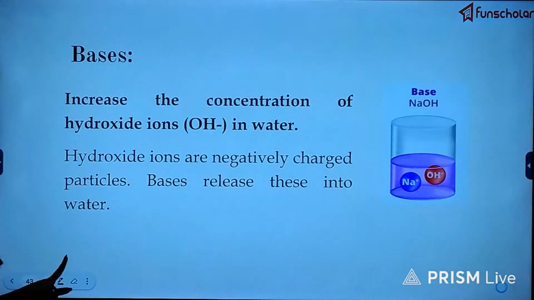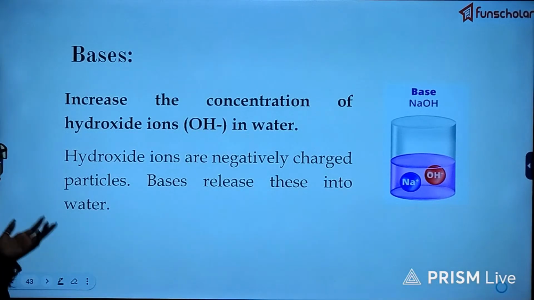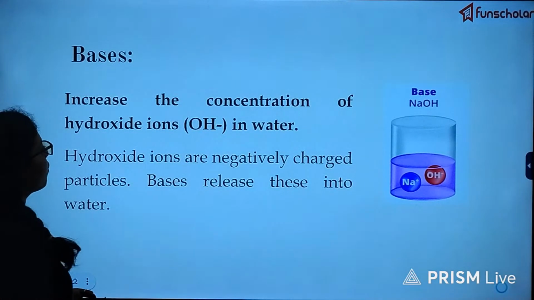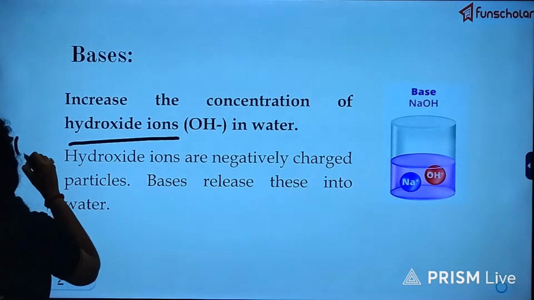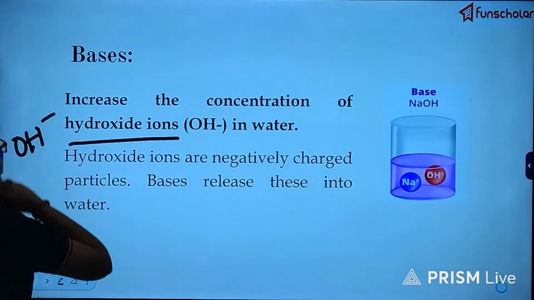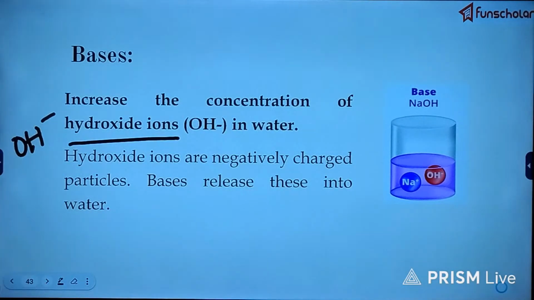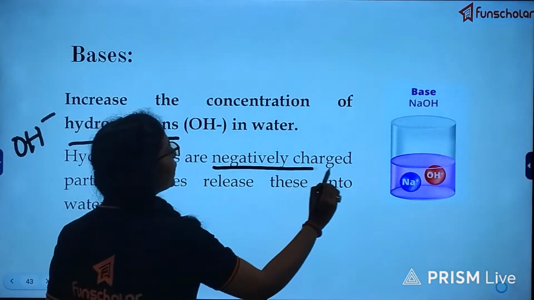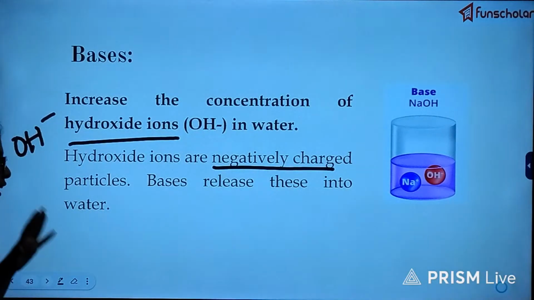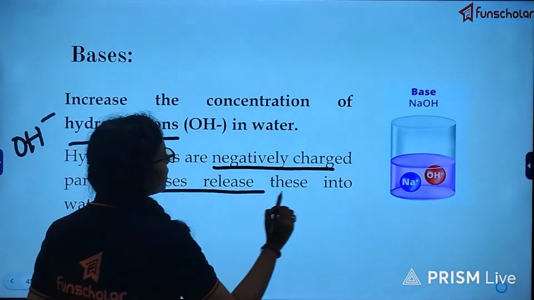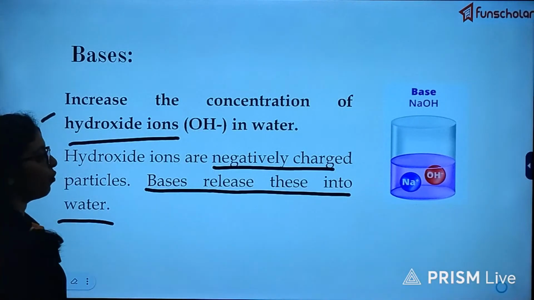When it comes to bases, they increase the concentration of hydroxide ions, OH minus ions, in water. Hydroxide ions are negatively charged particles, and bases mostly release these into the water.